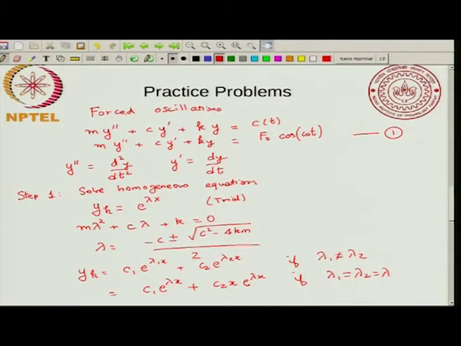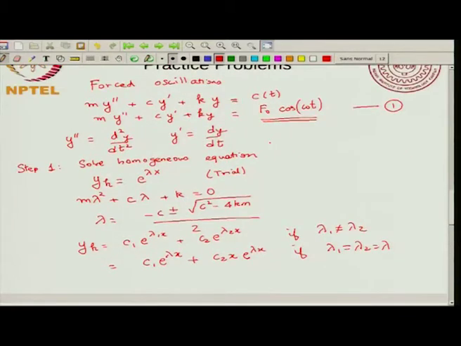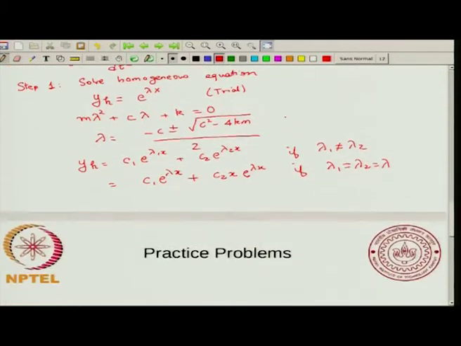Now, what about the particular solution? If you want to find a particular solution, you can just look at this and immediately write the particular solution. Since this is cosine, you should try a particular solution that is a combination of sine and cosine.